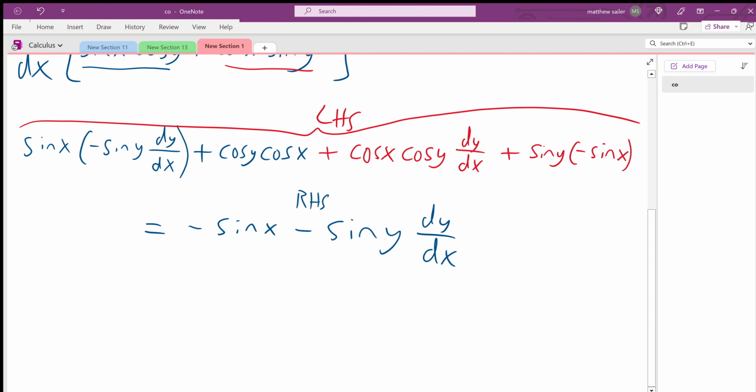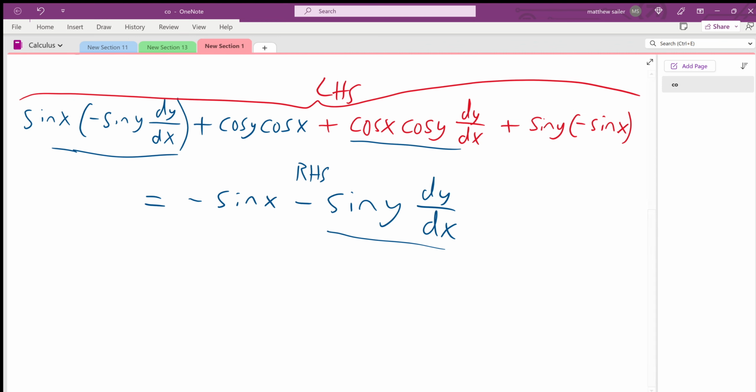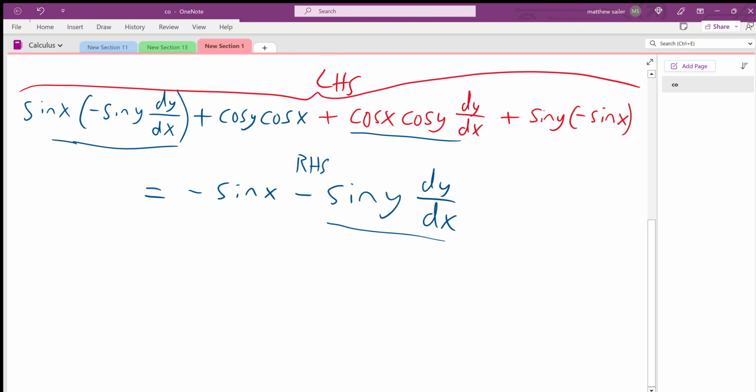So the second step is to separate out all the pieces with dy dx, move them all onto the same side, take out the dy dx and solve for it. So I'm going to move all of these pieces with dy dx onto the right-hand side. This giant equation here is going to equal, I'm going to start with this because it's already on the right-hand side, so negative sine of y dy dx.